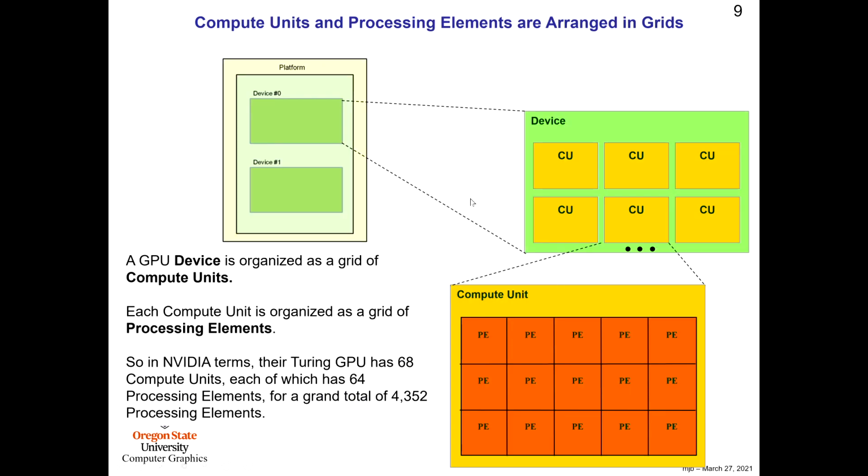Okay, just like before, the devices are made up of compute units. These are like blocks in CUDA. Each compute unit has processing elements. This is the OpenCL terminology. And basically, each one of these runs a thread at a time.